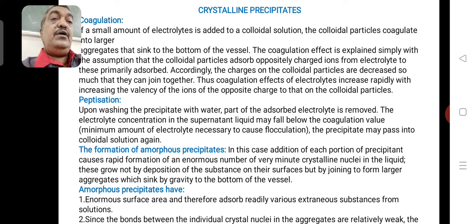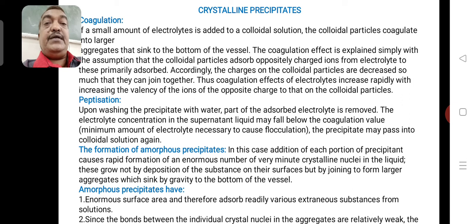According to this, the charge of the colloidal particles is decreased so much that they can join together. The coagulation effect of electrolytes increases rapidly with increasing valency of the ions of opposite charge.